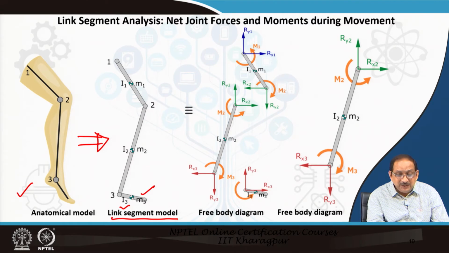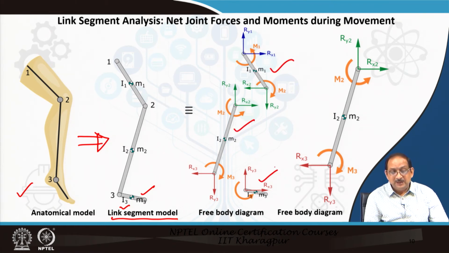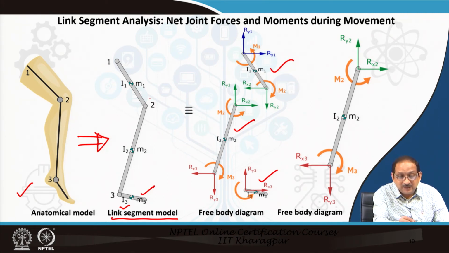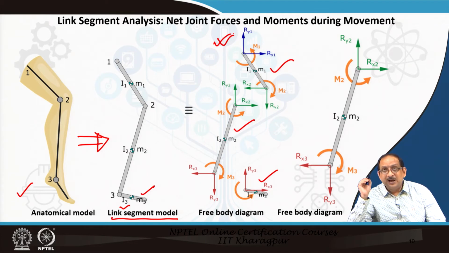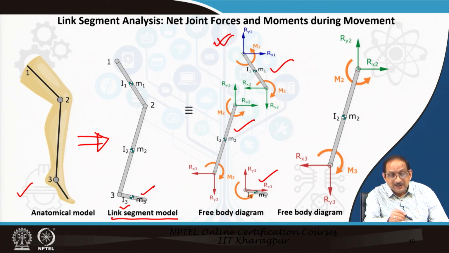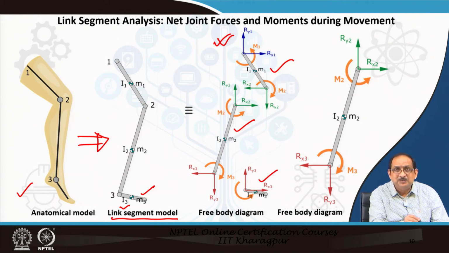Now, the intersegmental forces and moments could be calculated considering individual free body diagram of each segment 1, 2, 3. So, you can see this is the full link segment model, whereas on the right here we have the free body diagram of each segment that actually constitutes the link segment model or represents the anatomical model.